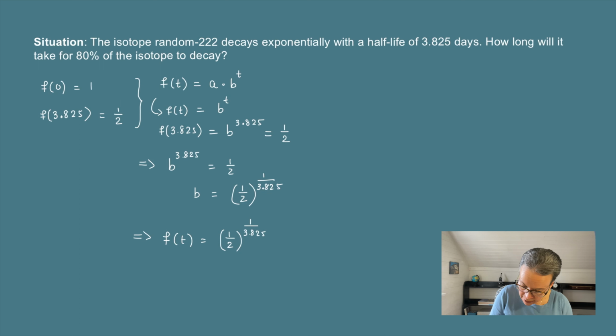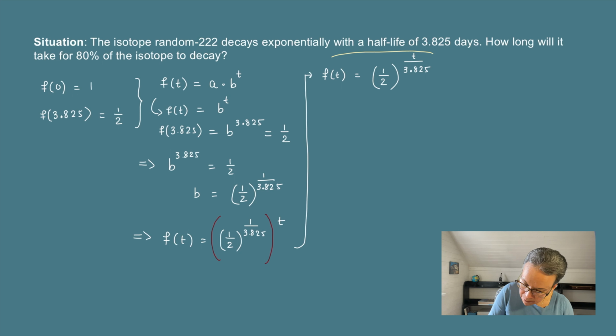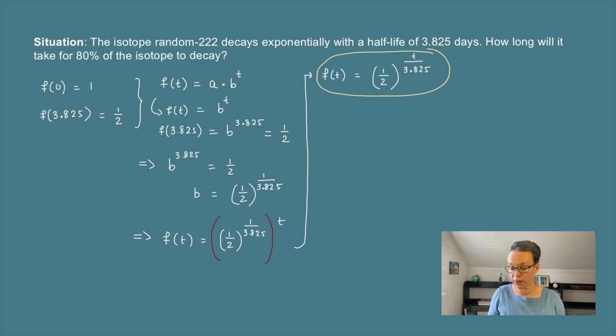That's the base, but then all this is raised to the exponent t. Remember that all this is the value of b. Now we can simplify a little bit because exponents can multiply each other. So I can nicely say that f of t is equal to 1/2 to the t over 3.825. And this is now the model representing this situation.